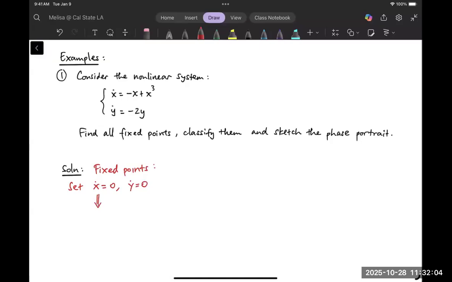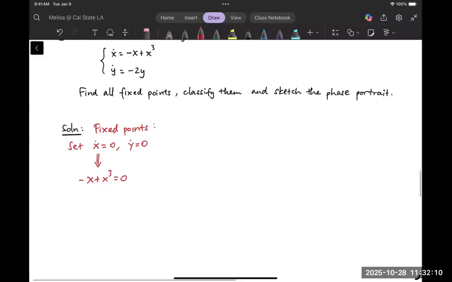Say I pick the first one, then I get minus x plus x cubed equals 0. You can factor out the x, and you get x times (minus 1 plus x squared) equals 0. So we have x equals 0, and then here you can have 1 or negative 1. So you get 3 possible x values.